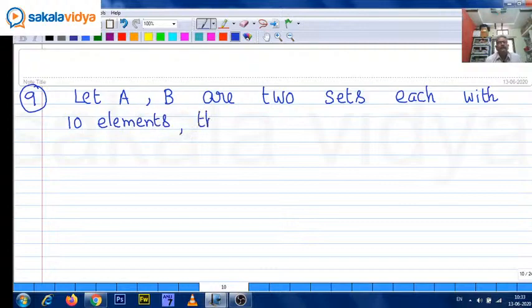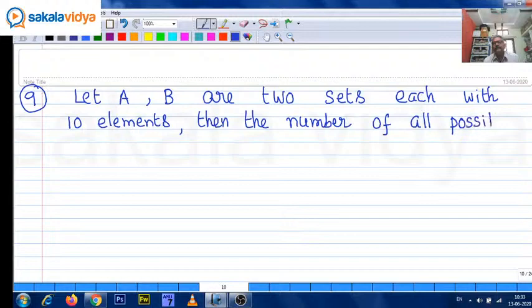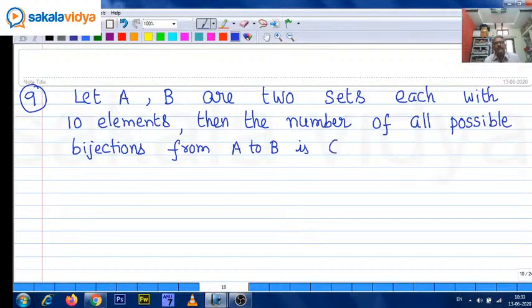Then the number of all possible bijections from A to B is. Bijections means the function which is one-to-one and onto both.